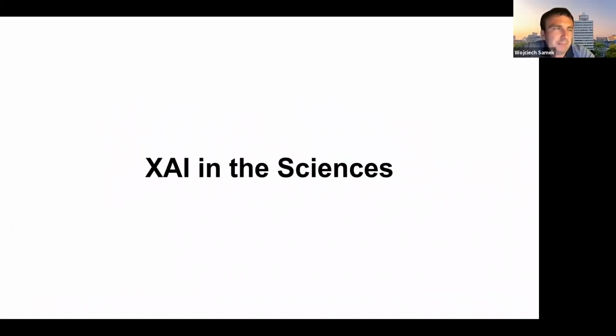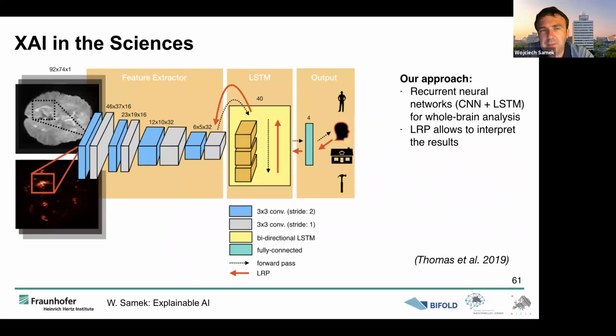And finally, we also applied these methods in the sciences. So I will give you just an example on some medical data. Here we trained a model for decoding fMRI signals. The task uses a big, publicly available data set. People were put into a scanner and were shown some things, and we needed to decode them.